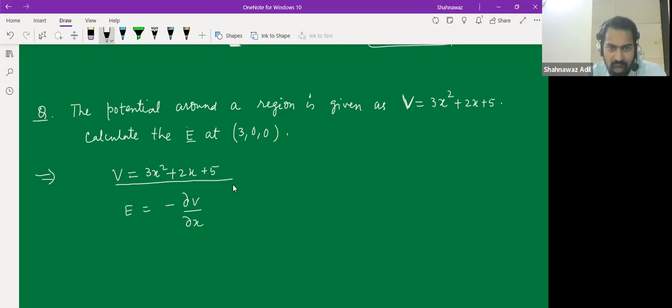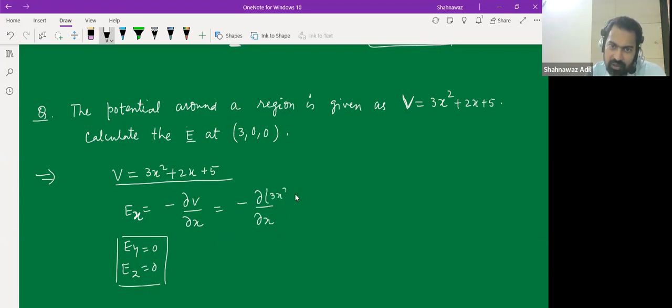There will be only Ex; Ey and Ez would be 0. So you guys tell me, what is the value of d by dx of 3x square plus 2x plus 5? Quickly calculate and tell me the answer.